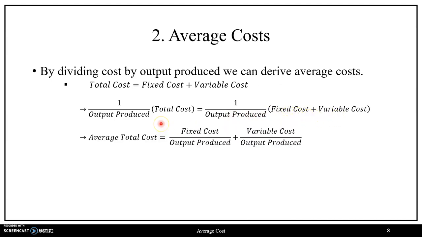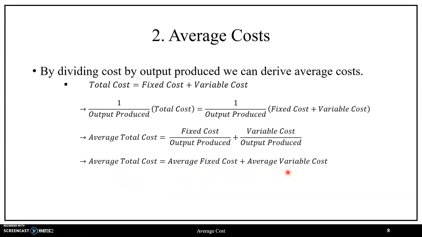Simplifying our left hand side, this leaves us with average total cost is now equal to the sum of fixed cost divided by output produced, plus variable cost divided by output produced. We can then further simplify this, and this leaves us with average total cost is equal to the sum of average fixed cost and average variable cost.